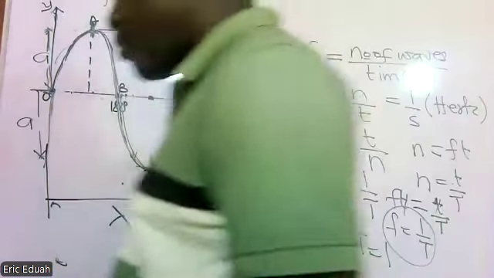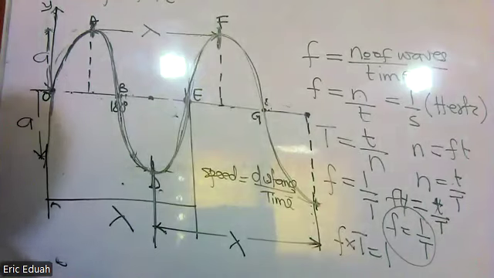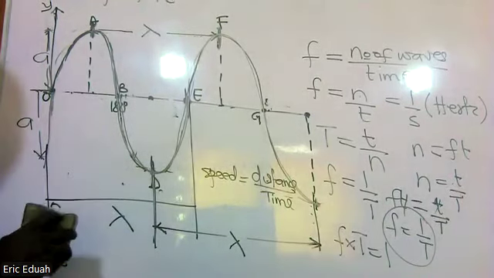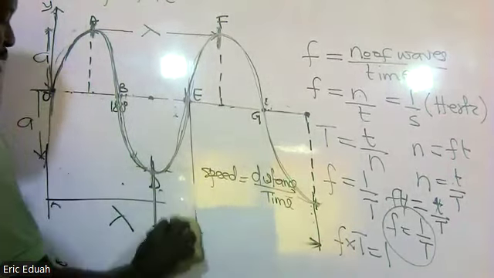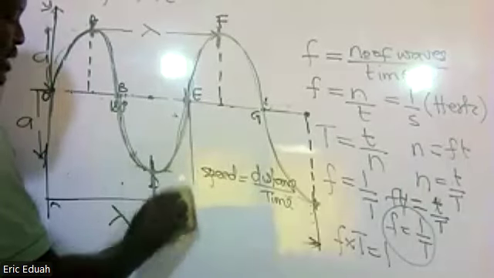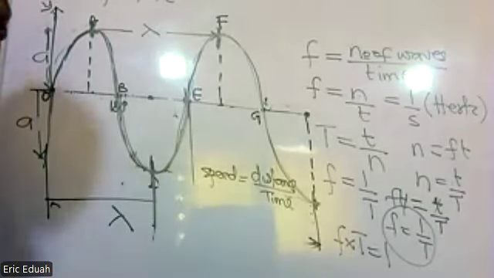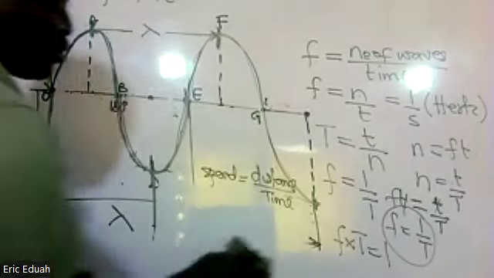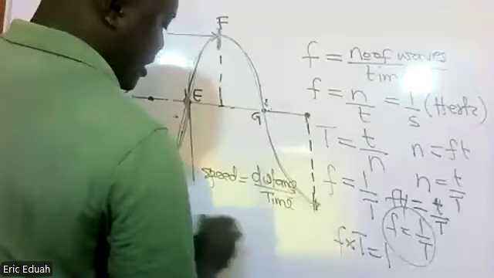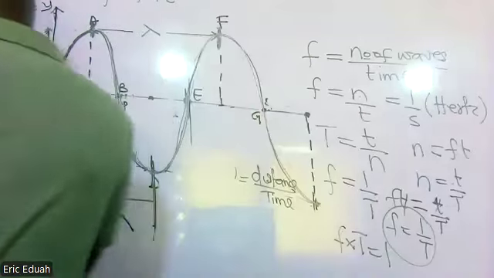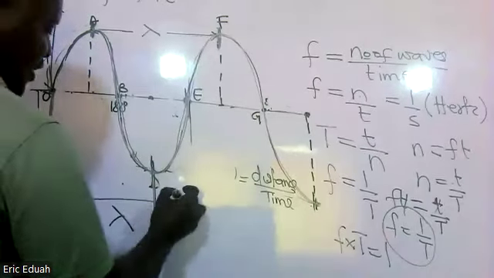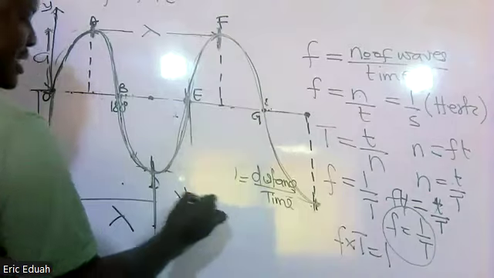Now, in deriving an expression for the speed of a wave, we look at one complete cycle, because if we have it for one complete cycle, we could easily deduce it for a certain number of cycles. So speed v is equal to distance.